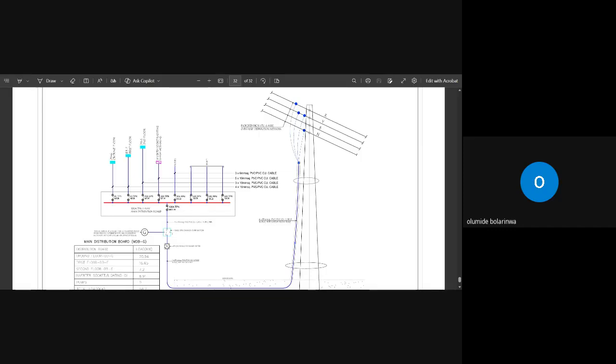One feet is 300 mm. So 300 mm times 40 is what? Tell us now.